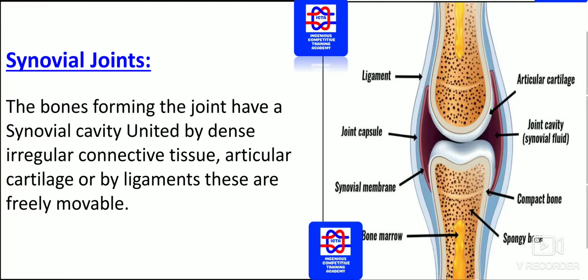These are freely movable, as we are aware that our knees are freely movable. You can go through how the knee looks, with the joint capsule, synovial membrane and synovial fluid in it, which is very useful in moving your knees without any sound. Whenever there is a deficiency of the synovial membrane or fluid, that automatically affects your knees.